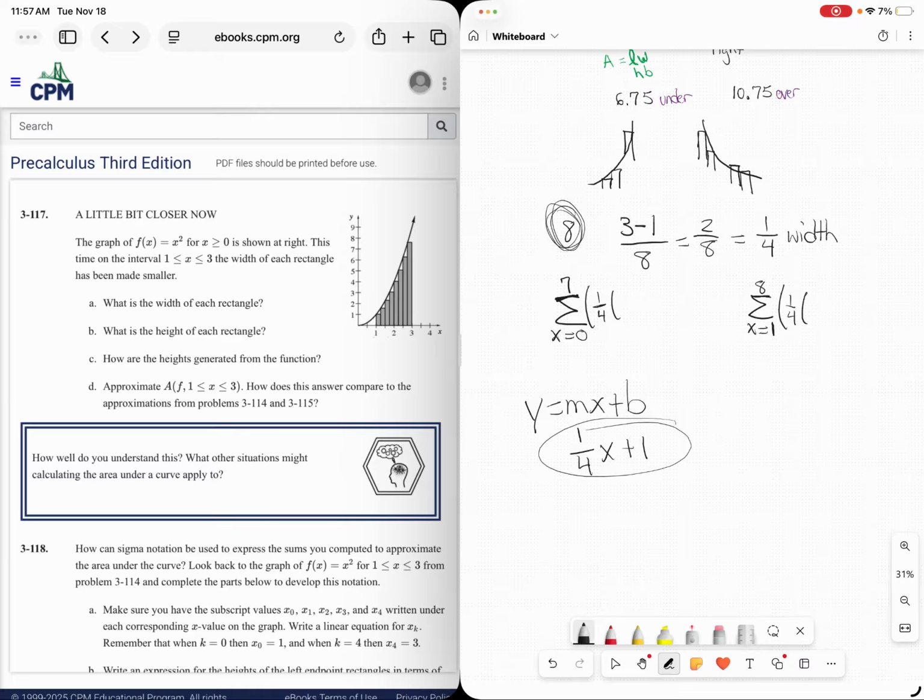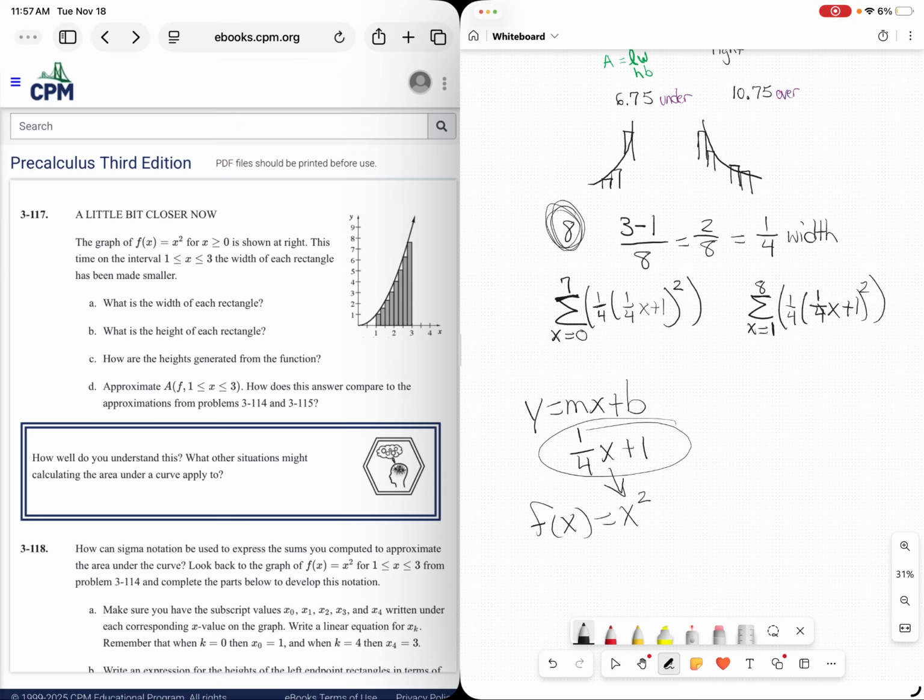But remember, that has to go into our function. Our function is x squared, so we're putting this in for x in x squared. So 1/4 x plus 1 squared. Same here, 1/4 x plus 1 squared. So again, if we sum those, we get a little bit closer.